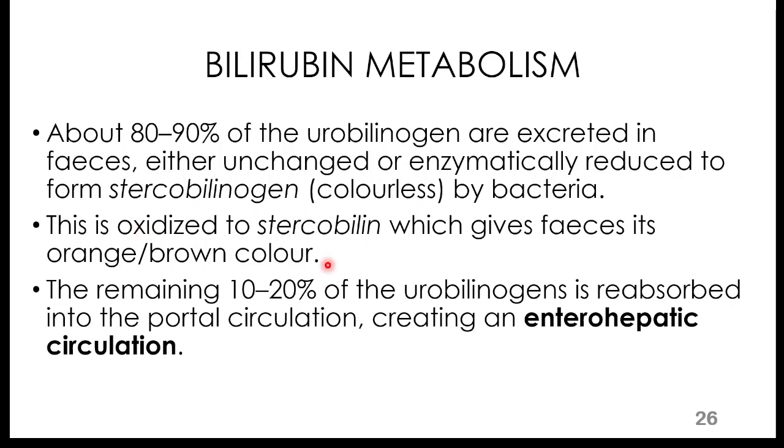The stercobilinogen is then oxidized to stercobilin, which gives feces its orange-brown color. The remaining 10 to 20% of the urobilinogen is reabsorbed in the portal circulation, creating the enterohepatic circulation that I talked about earlier.